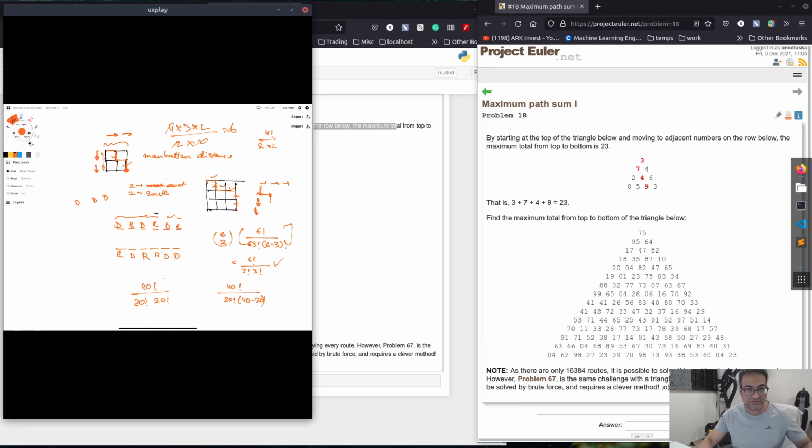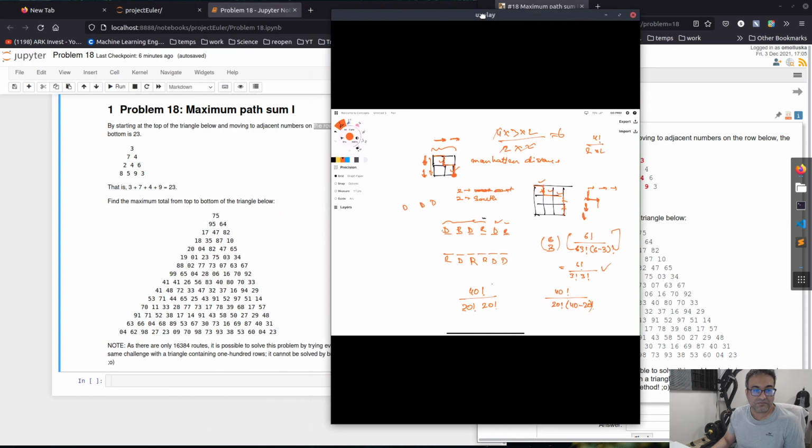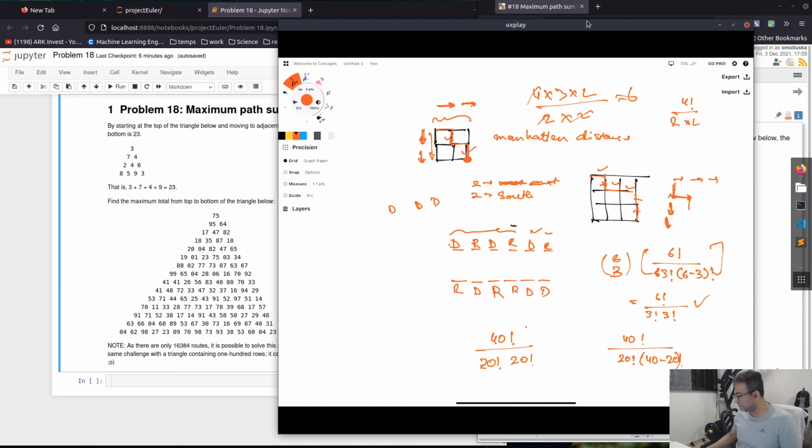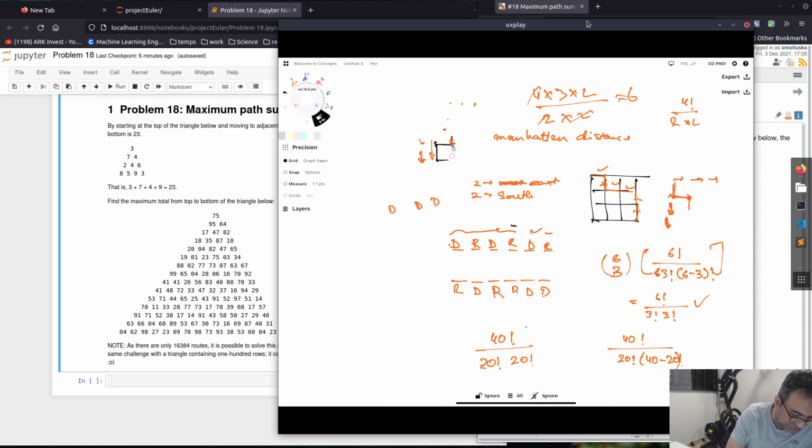I think this problem is going to be interesting. So let's see. This one was my previous problem, and I am going to delete everything, and let's look at this particular problem.